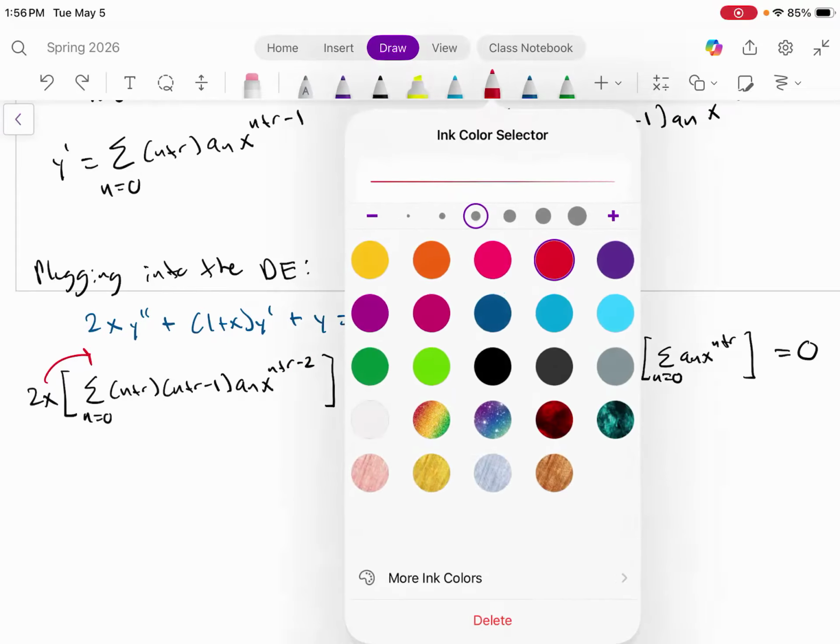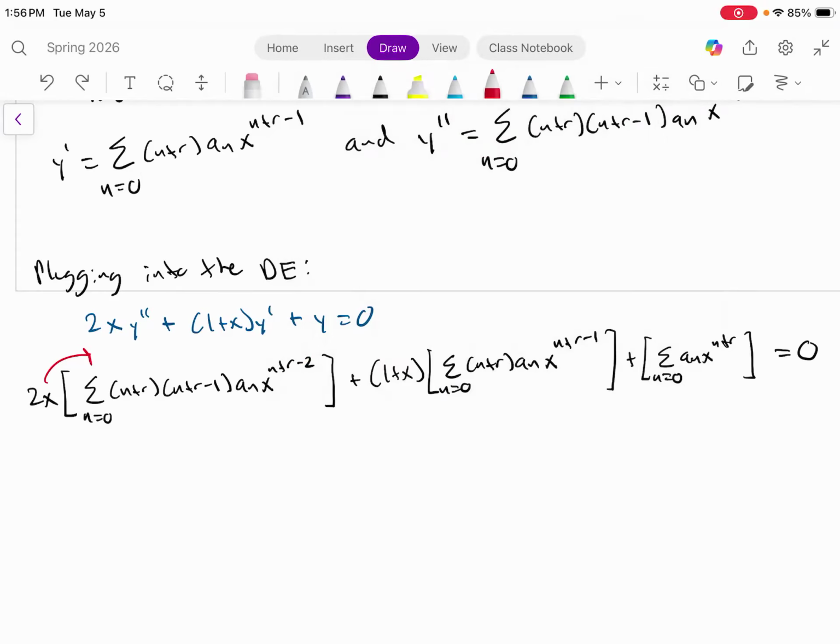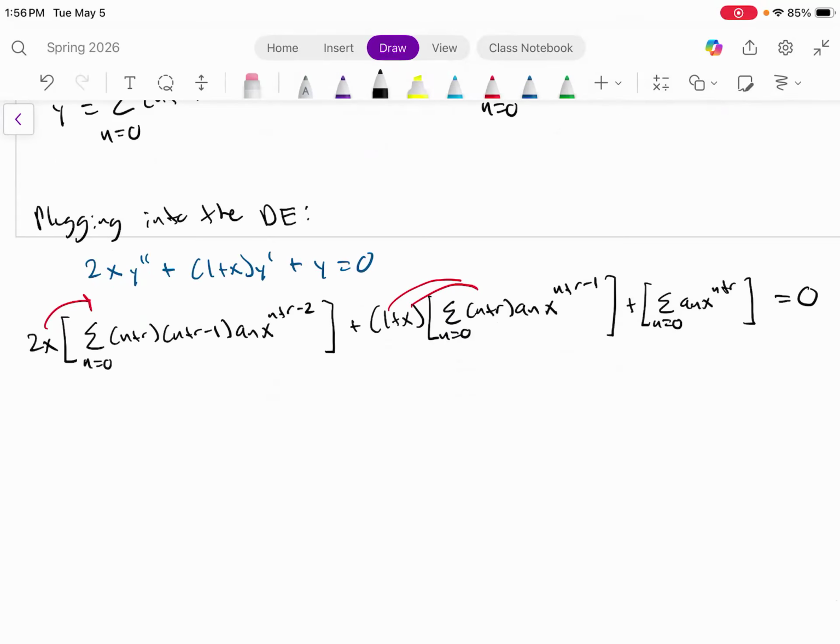So what comes out of this is the power series, n equals 0, 2 times n plus r, n plus r minus 1, a sub n, x to the n plus r minus 1.